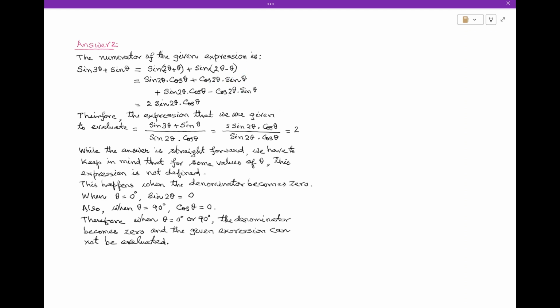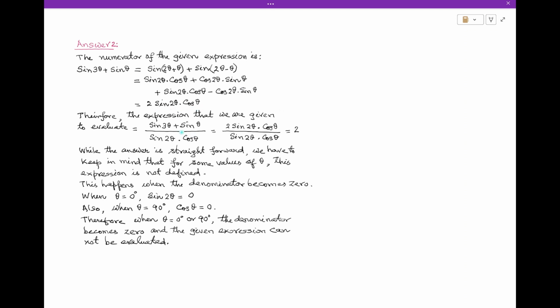Therefore, we are left with sine 2 theta multiplied by cos theta plus the same thing again. Therefore, sine 3 theta plus sine theta, that is the numerator, is equal to 2 sine 2 theta multiplied by cos theta.